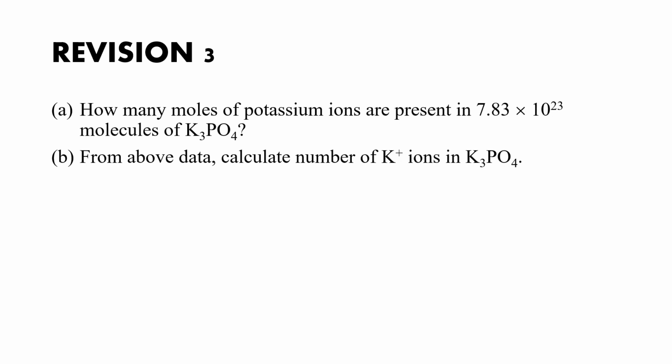Okay, next soalan. How many moles of potassium ions K plus are present in this number of molecules of K3PO4? Okay, so in this soalan kita ada number of molecules of K3PO4. Okay, number of molecules. So bila you ada number of molecules, apa yang awak boleh cari dahulu?